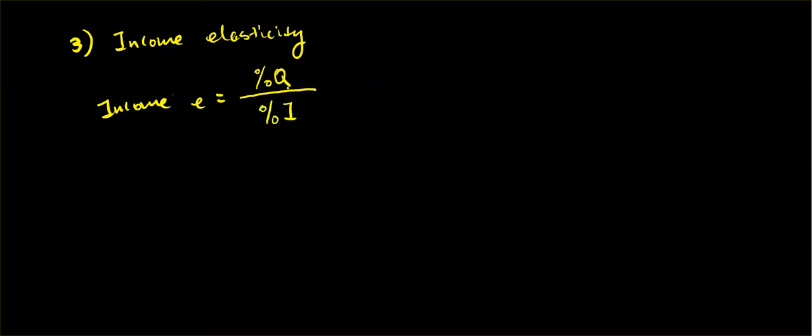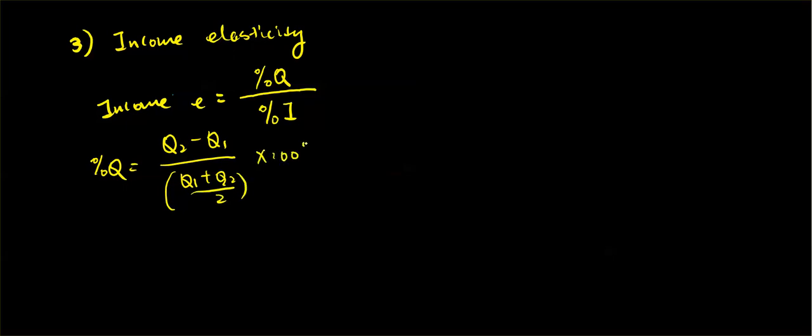So again, when you calculate the percentage change, we use the average value as the denominator. So the percentage change of the quantity equals the final quantity minus the initial quantity divided by the average, (Q1 plus Q2) divided by 2, in parentheses, times 100%.